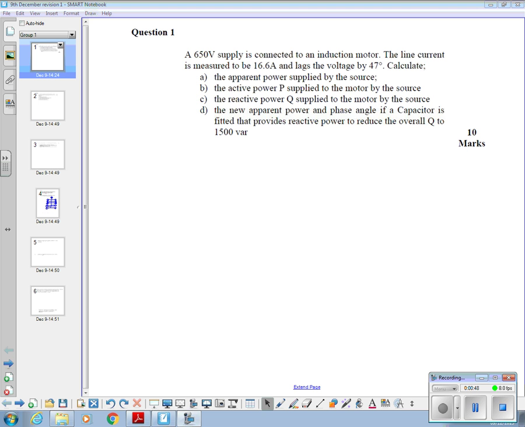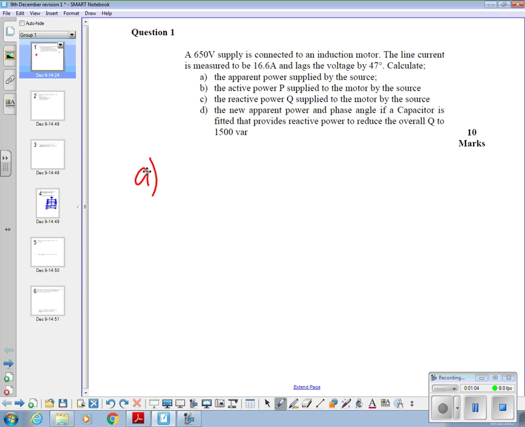Okay, so starting off with part A. How do we do that? Supply voltage times the line current.